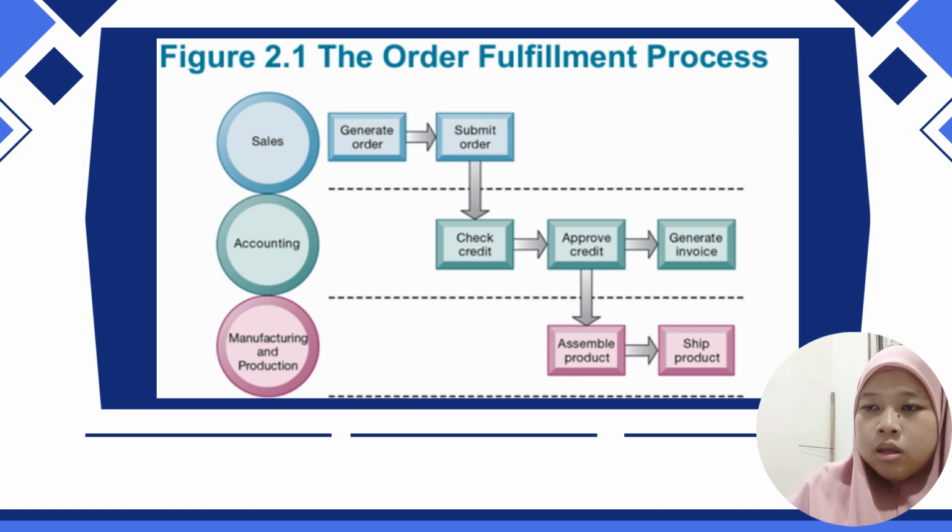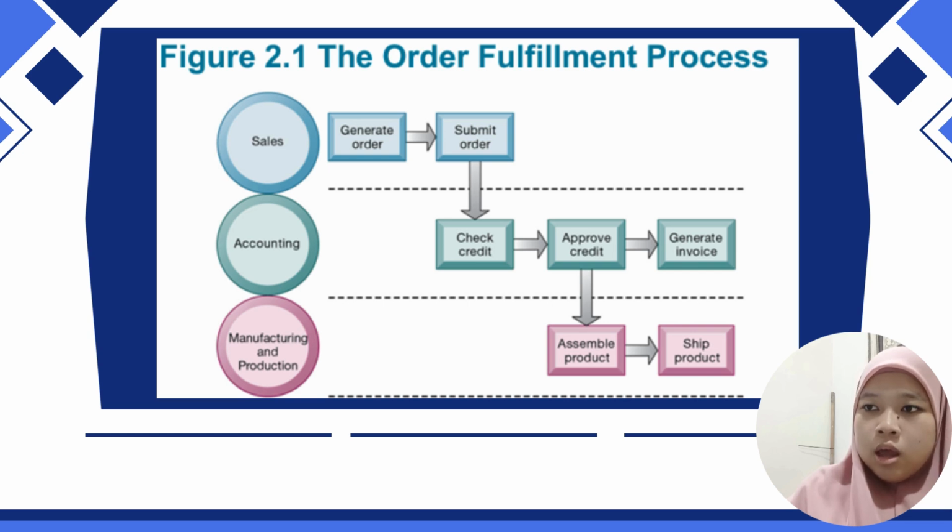The accounting department must check credit, so the customer's credit is verified, and then the accounting department will approve credit. If the credit check is successful, approval is given. The last task is that the accounting department must generate an invoice.